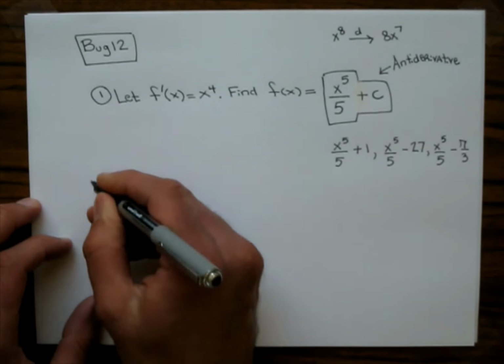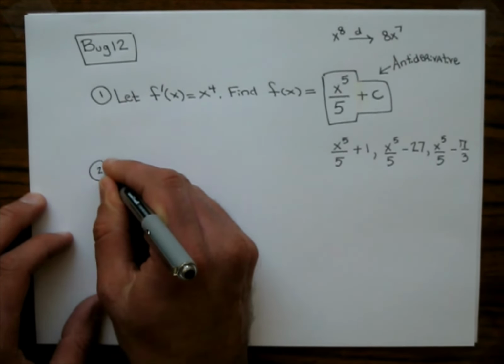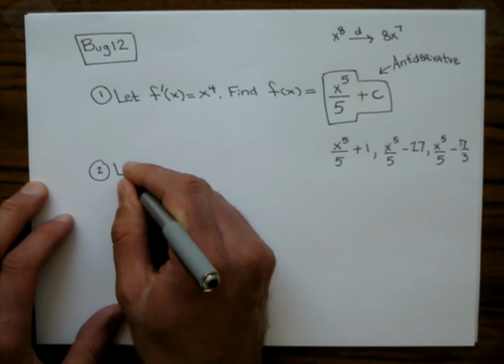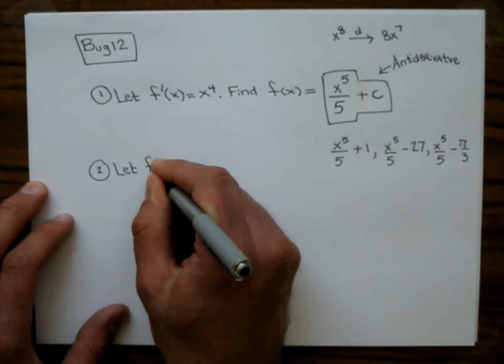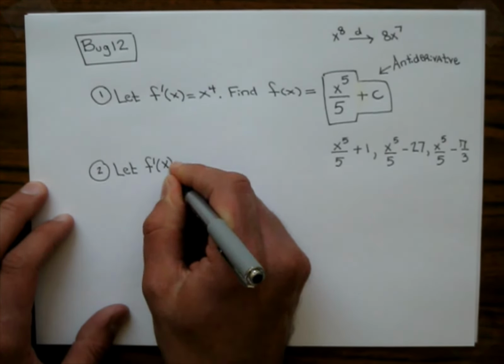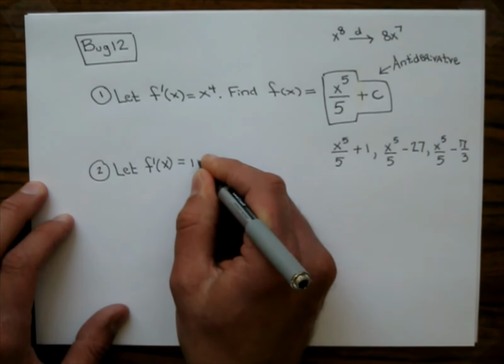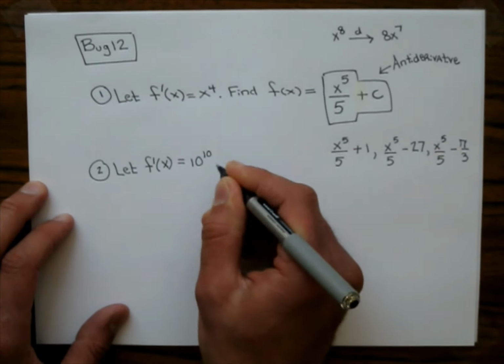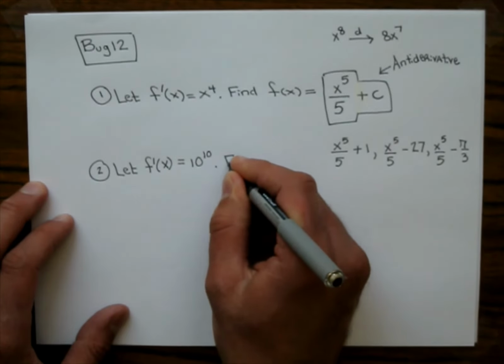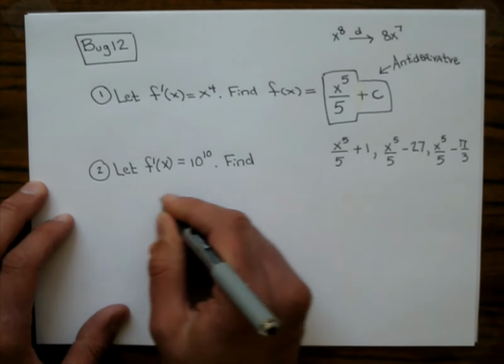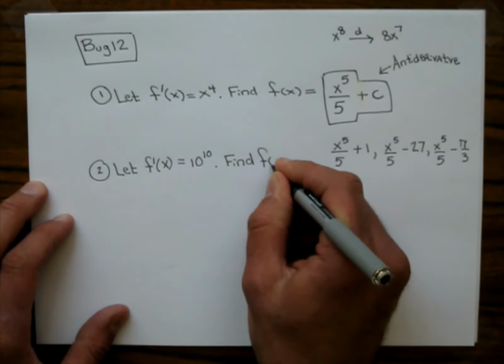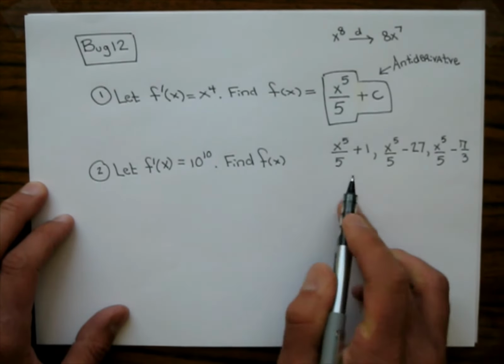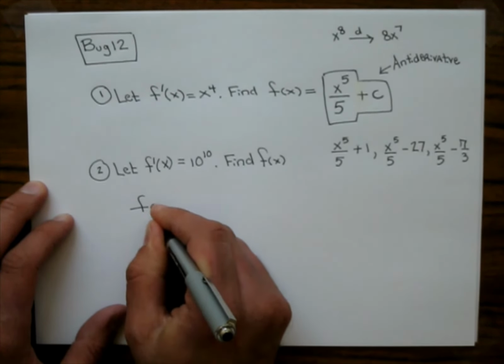Why don't we go ahead and do another one? So problem number 2, let the derivative equal x to the 10th. Find f of x. We kind of run out of room here, so I'll put the answer below here.